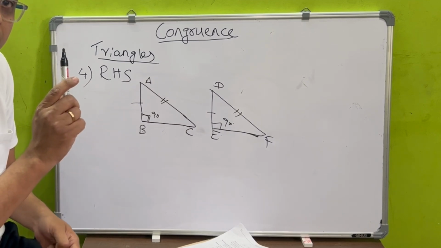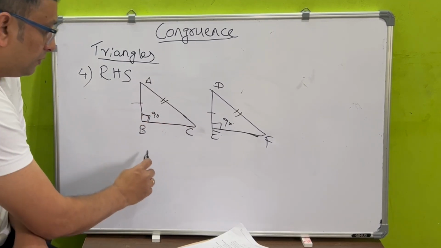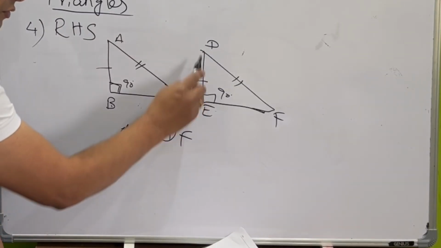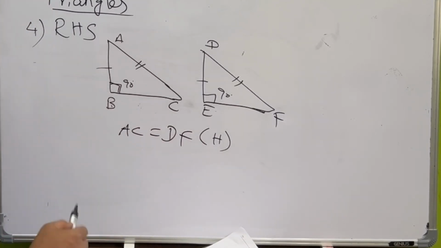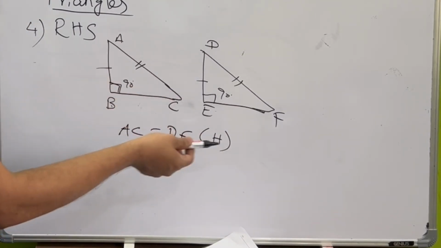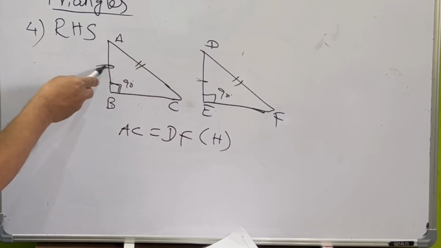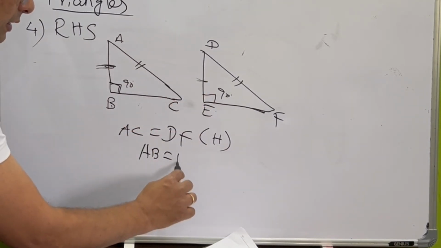Any one side being equal means we can say both are congruent. That means if AC equal to DF, the hypotenuse, and any one side, here in the figure it is given that this is equal to this. That means AB equal to DE.